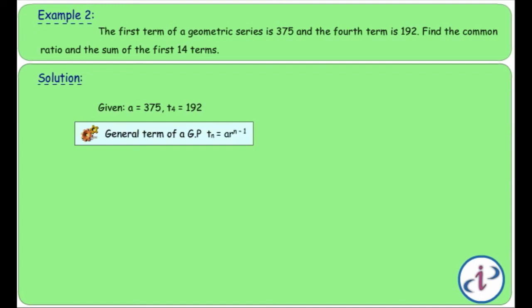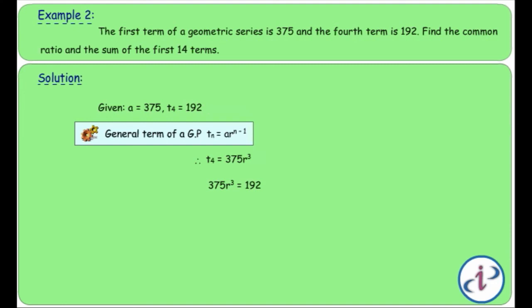Substituting n is equal to 4, we get T4 is equal to 375 times r cubed. Since the fourth term is equal to 192, we get 375 r cubed is equal to 192.